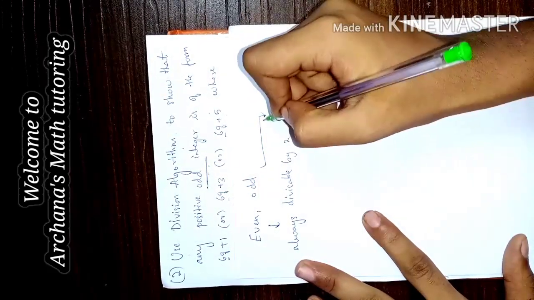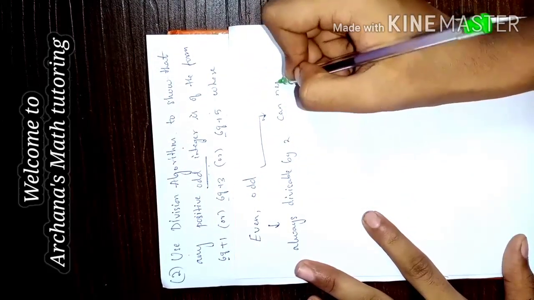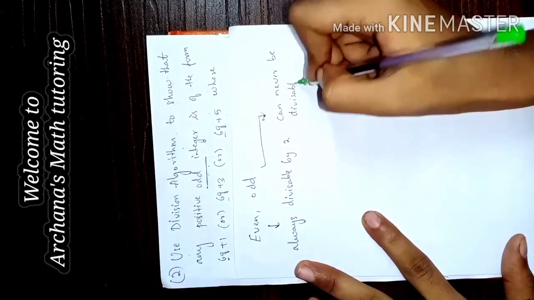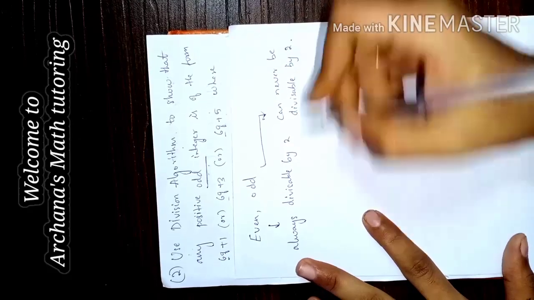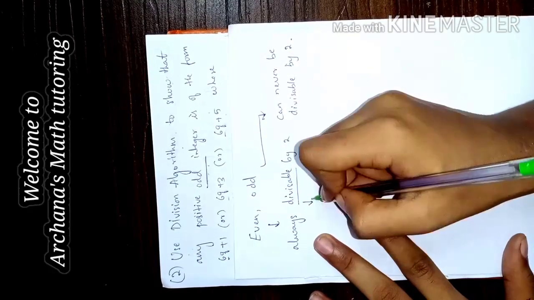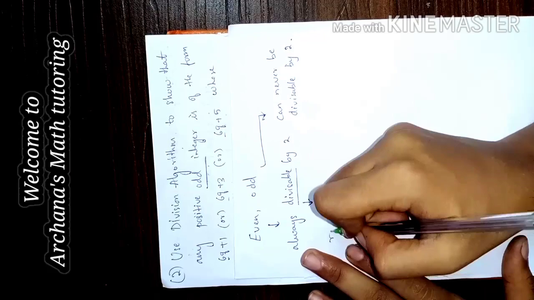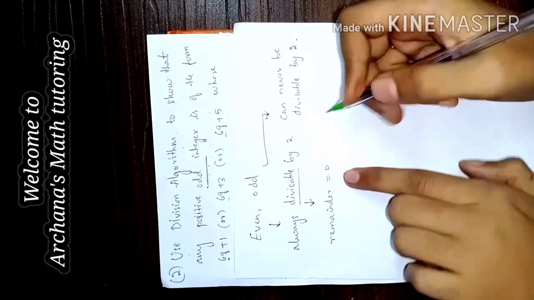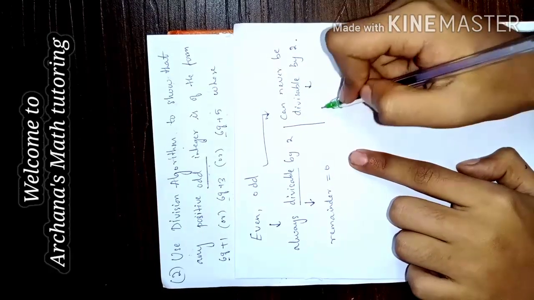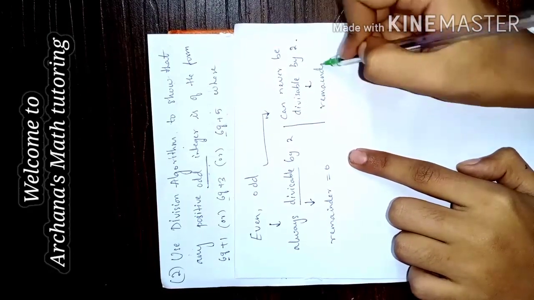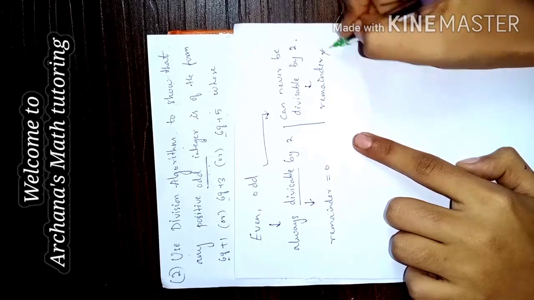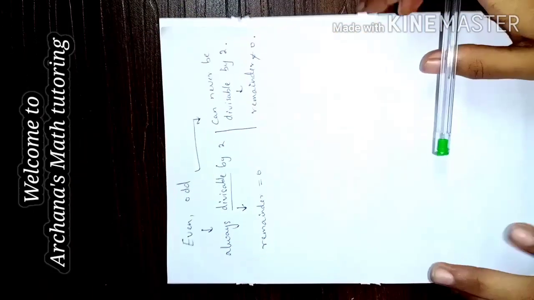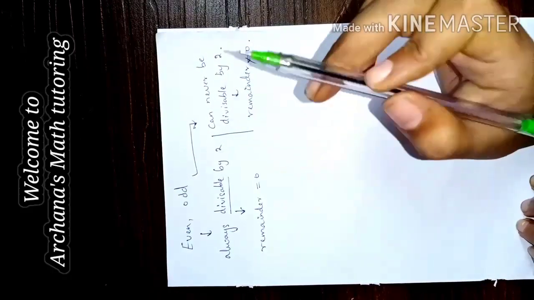An odd number can never be divisible by 2. Divisible in the sense you will get remainder 0. The remainder will always be 0 for an even number, and the remainder is never equal to 0 for an odd number. So whenever a number is not divisible by 2, we can treat it as an odd number.